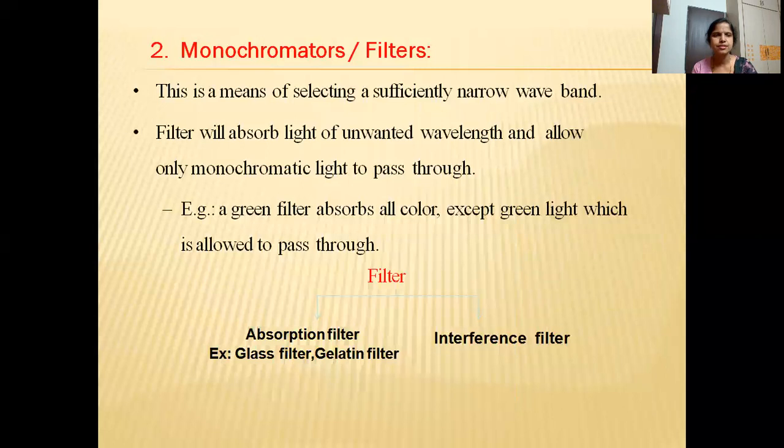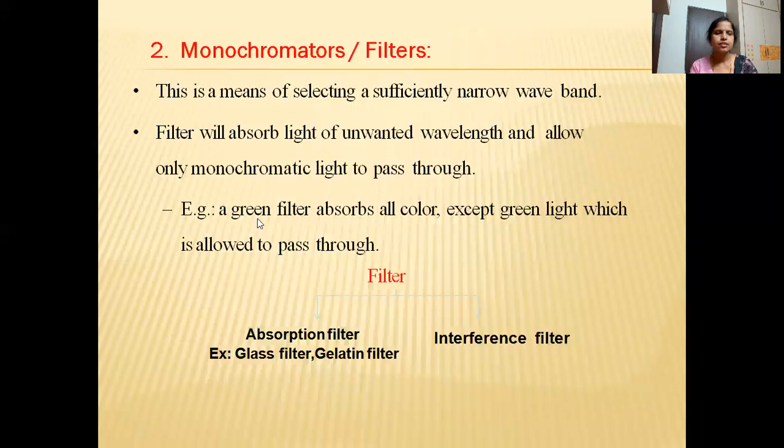Then monochromators. The use of monochromators, as I told you, is in the selection of only one single wavelength of light. It has prisms and filters, which help cut down all the unwanted light.